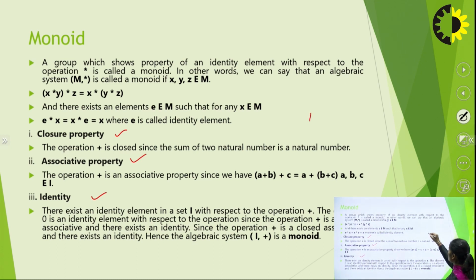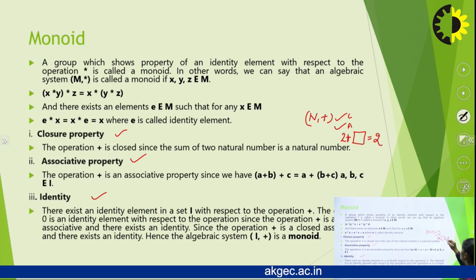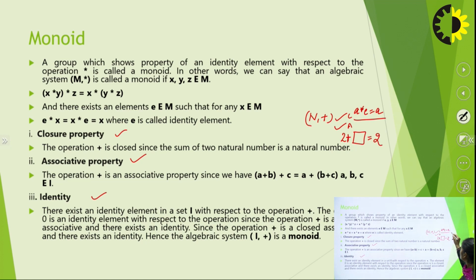So if I take the natural numbers with the plus sign, as we previously proved, it is closed and associative. Now check the identity element. If I take 2 as an example, the identity element E satisfies A star E equals A, right? So what should we add to 2 so that we get 2 as a result? We should add 0, but 0 is not a natural number.